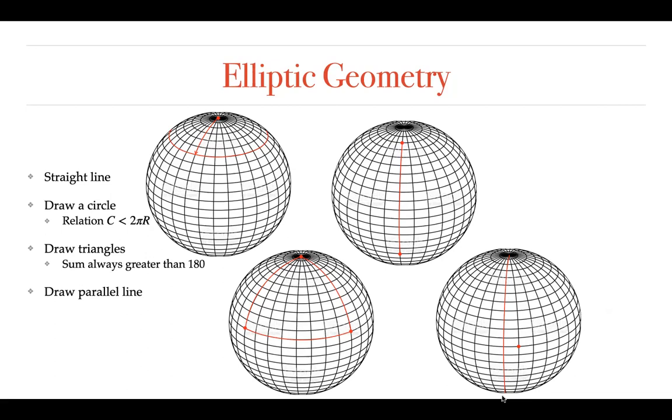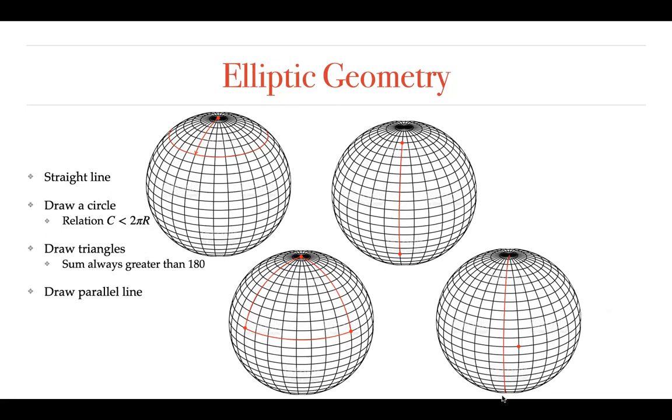Okay. So let's suppose we draw two lines. Of course, in principle they will converge at the North Pole or South Pole. But now imagine you are treating it like a much bigger great circle or a sphere. So the parallel lines will intersect at the edge of the universe.